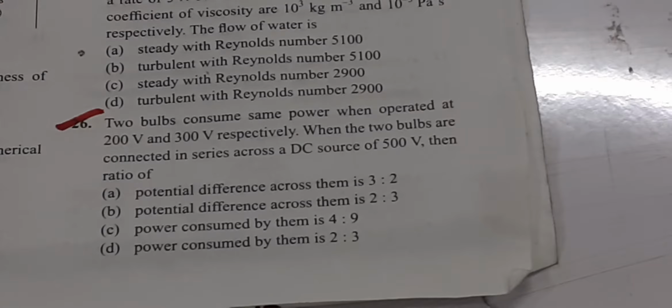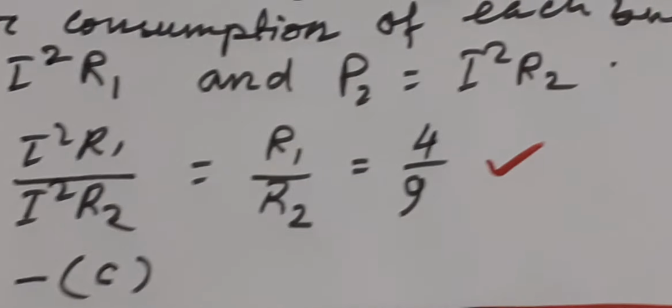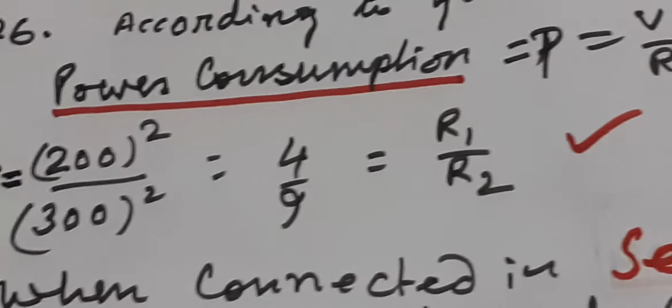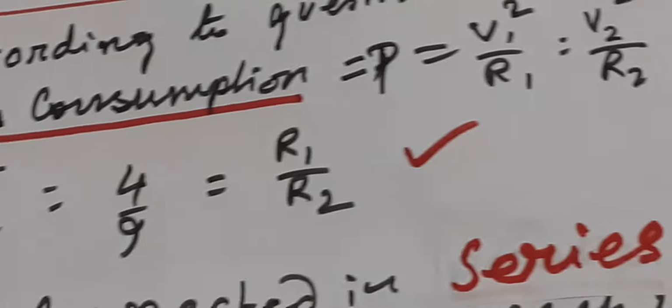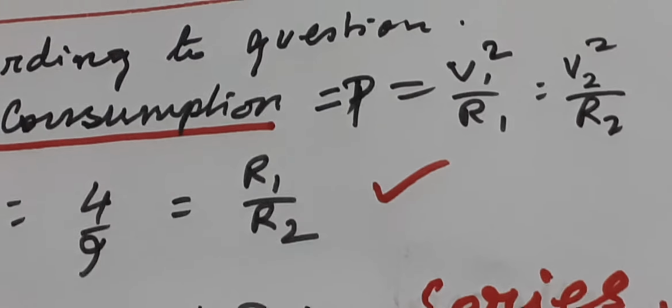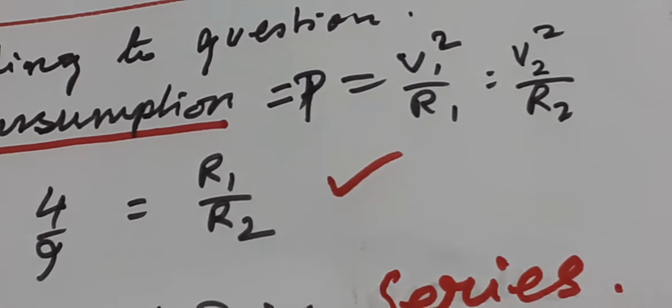Now here the first condition given is that power consumption will be same for 200 volt and 300 volt bulbs when operated. Now let us see, according to the question, power consumption we can write P equal to V1 square divided by R1 as well as equal to V2 square by R2.